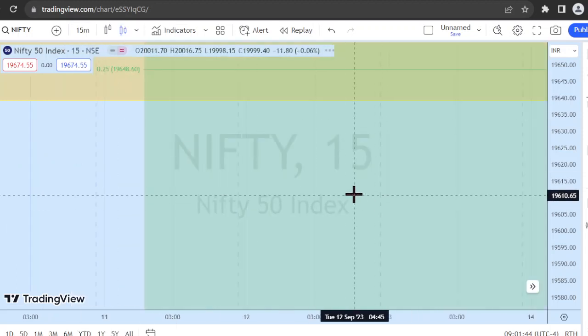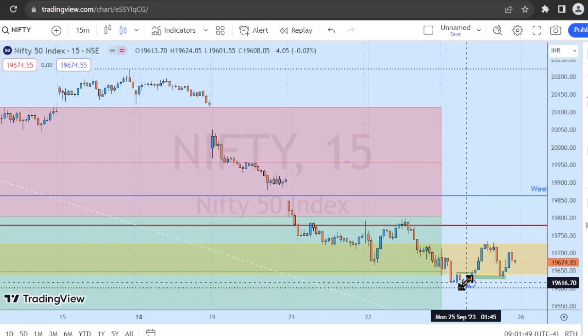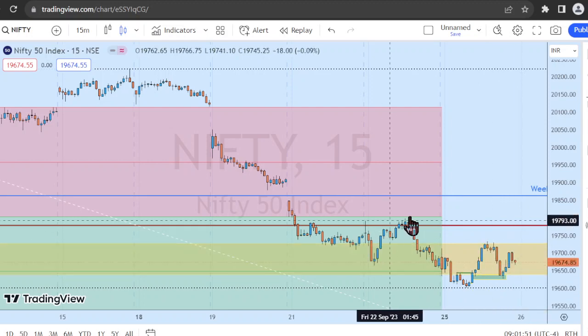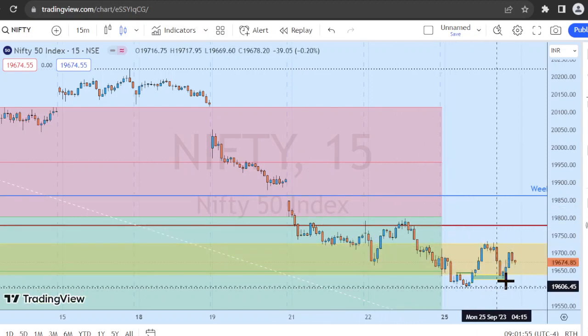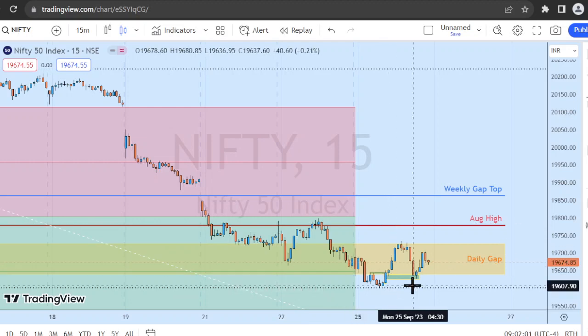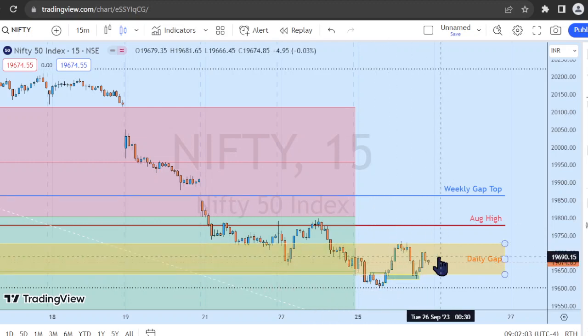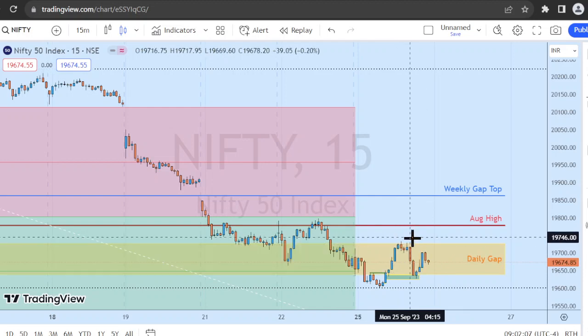Okay, 15 minutes. And then for a longer thing, for tomorrow, I'll be looking if this is still intact, right? This price action, this is the old highs that we'll be looking for.